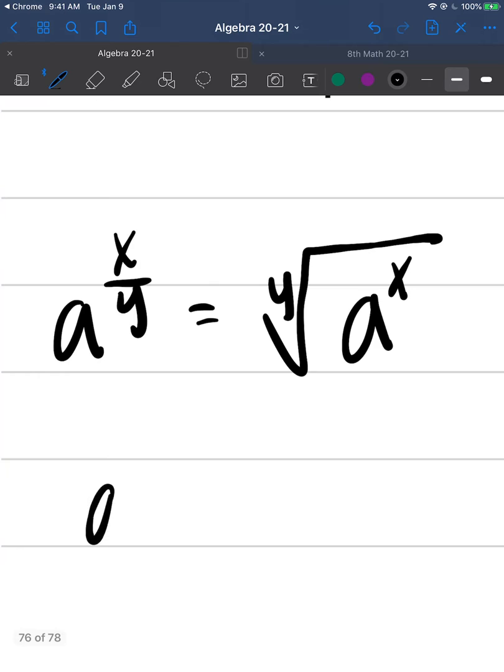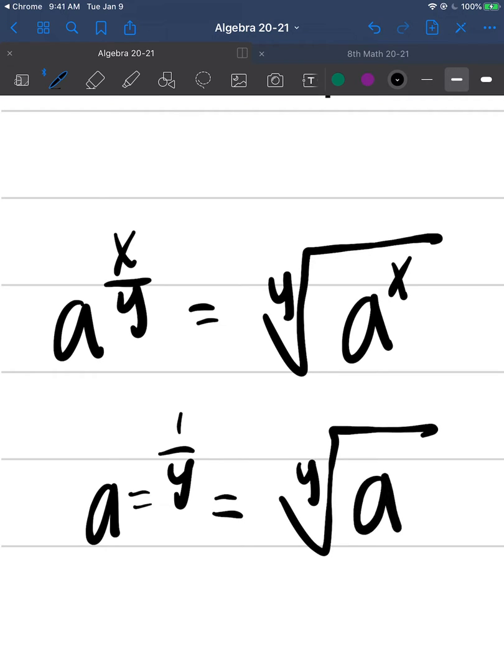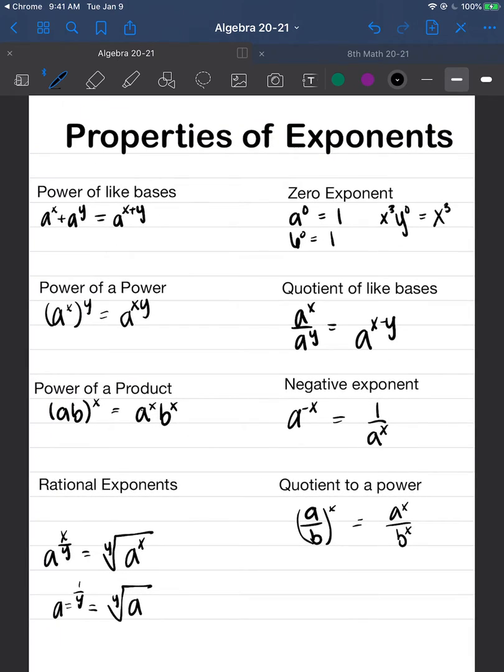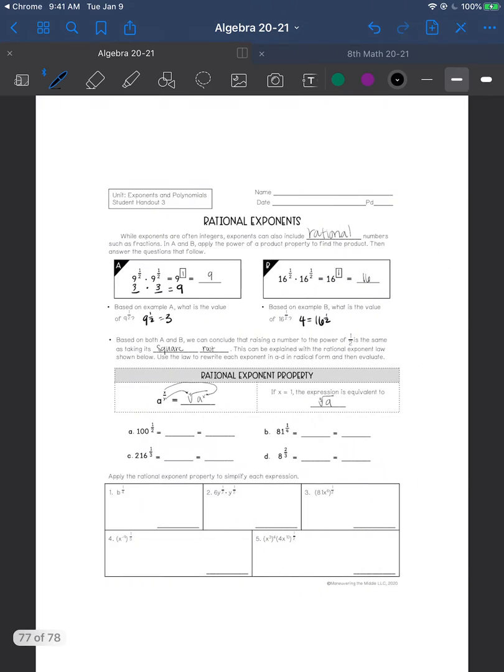Or you could also say that a to the 1 over y is the y root of a. Okay, so that is all of the power or exponent properties that we have. Now we're going to practice a little more with rational exponents, and then we'll be able to use any and all properties on any problem that we have.